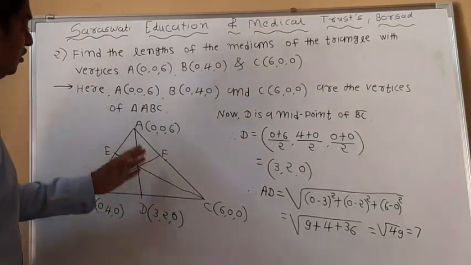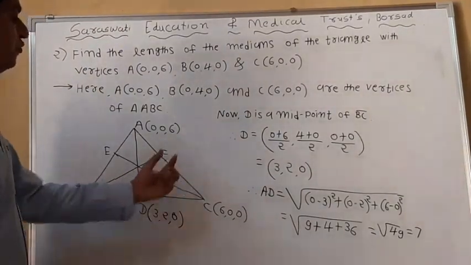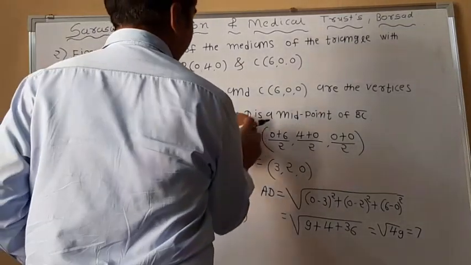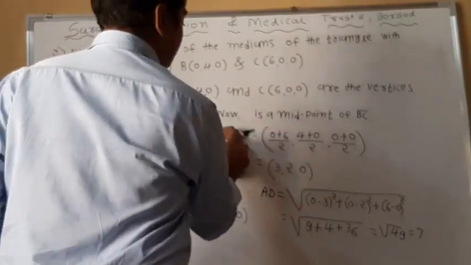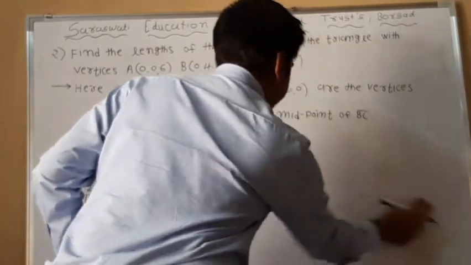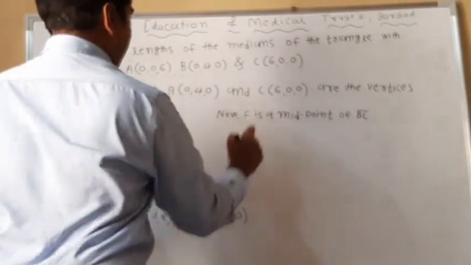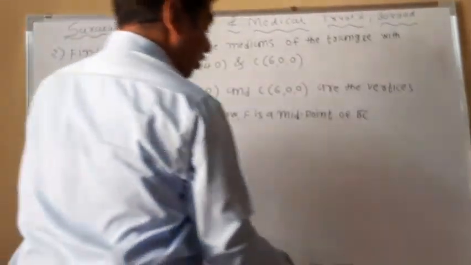Next, we find out BF. A similar method we can apply here. So now here written, F is a midpoint of AC.